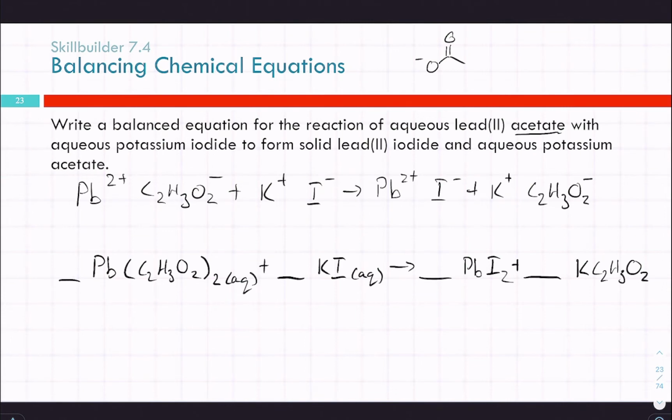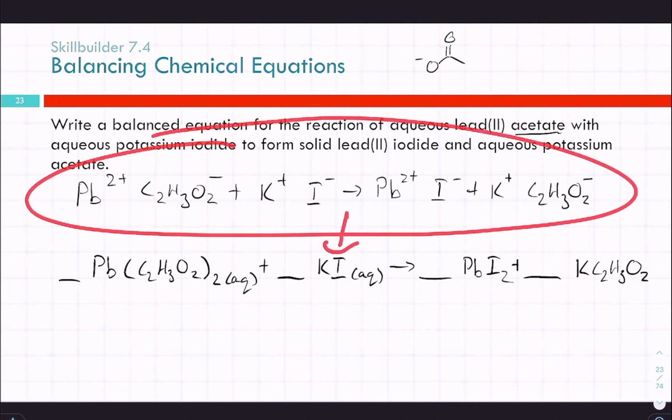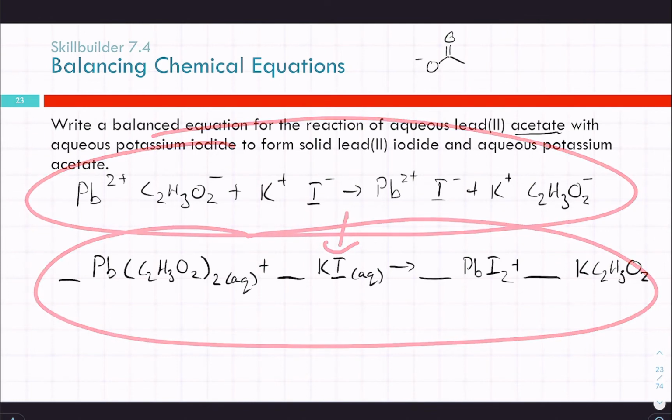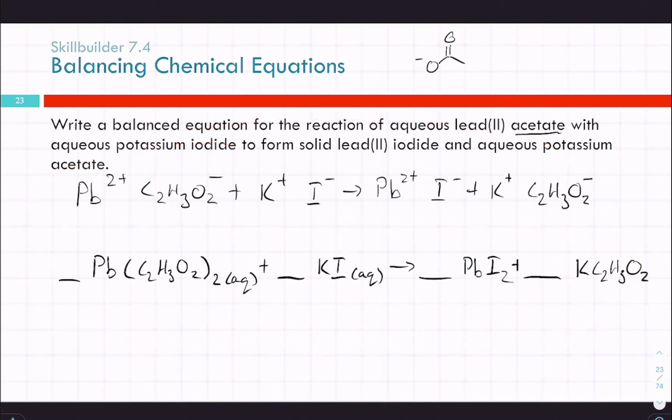Balance the charges, doing the crisscross or just looking at the charges, however you like to do it. At this step, going from here to the next, we're not going to change subscripts anymore. We're set in stone here unless we made a mistake.